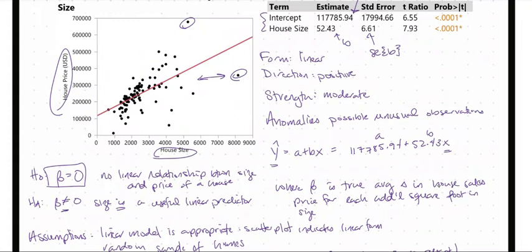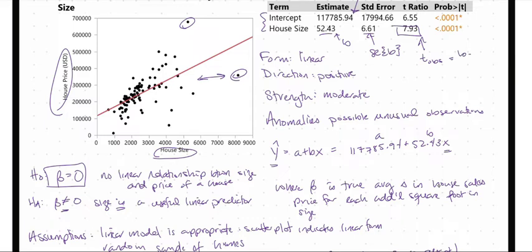When we do all of that, the 52.43 minus 0 divided by the 6.61, we're going to get a t-test statistic of 7.93, which JMP calls the t-ratio. This is my t-obs. It is a ratio of our estimate, our sample slope, over its standard error.